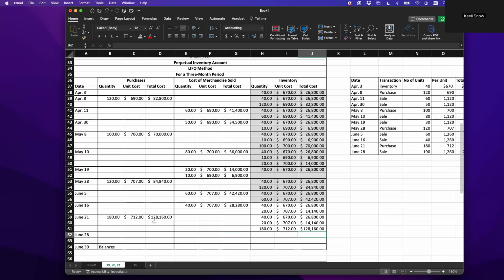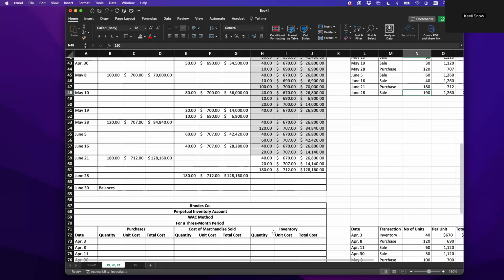Last, we're going to sell 190. Now, we don't have 190 that cost 712. So we're going to sell all 180 of those. And then moving up our list, gray out the ones we need grayed out. We've sold all those. We need the final 10 for that 190 sale to come from the $707 ones.